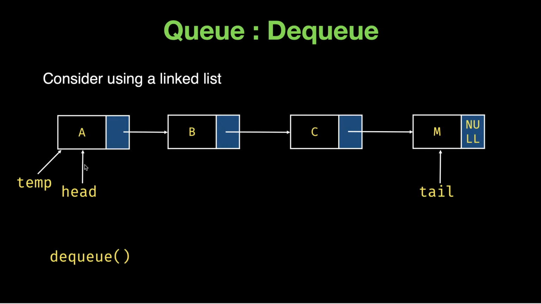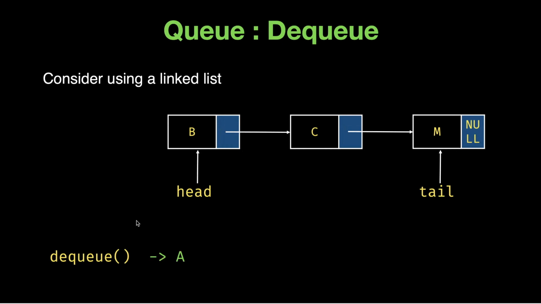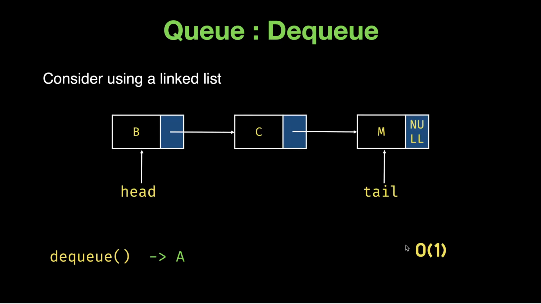So we just move the head to the second node, and then we remove temp, and that's it. We can do that in constant time, because no matter how many nodes there are, we can delete in a constant time operation. So that is O(1).